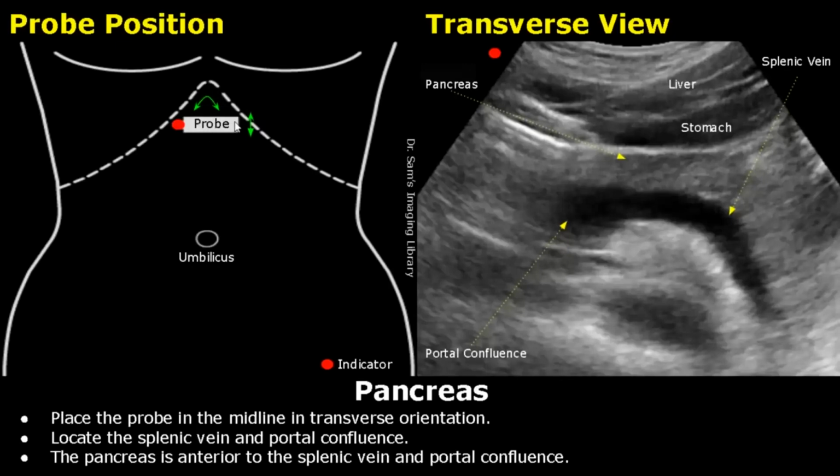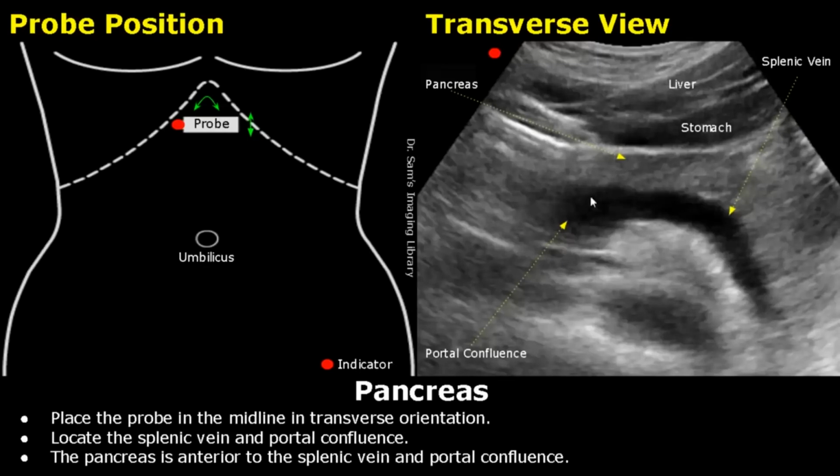You can use the left lobe of the liver as a window to scan the pancreas. A water-filled stomach can also be used as a window for scanning. By placing the probe in this manner, we will have this image formed.